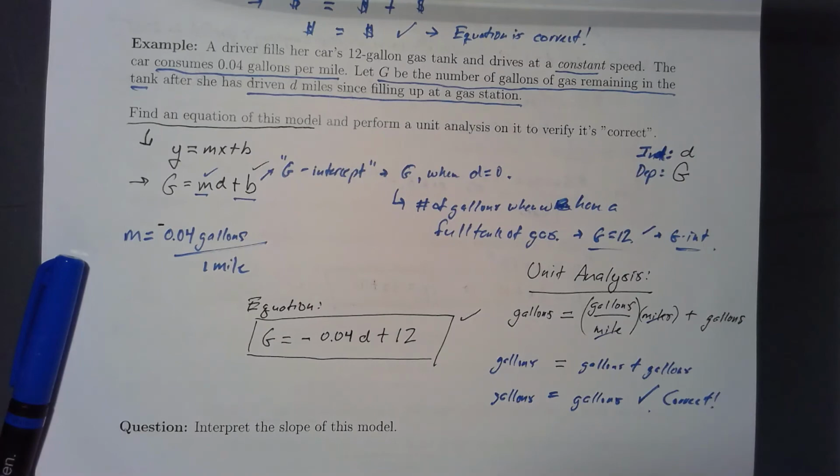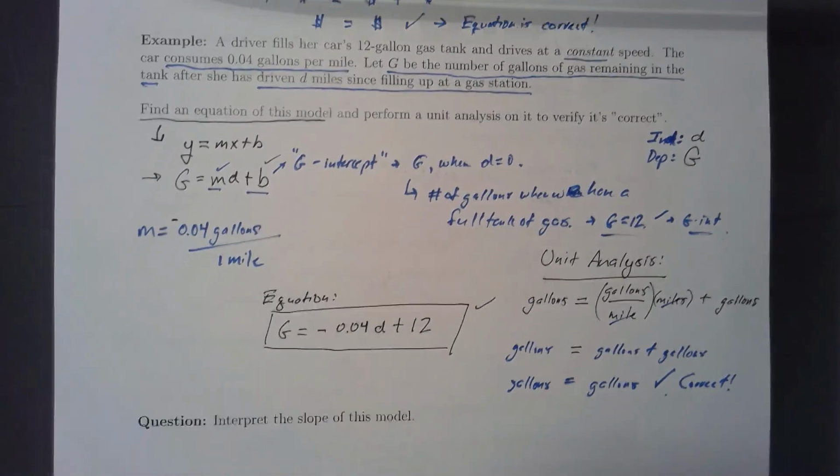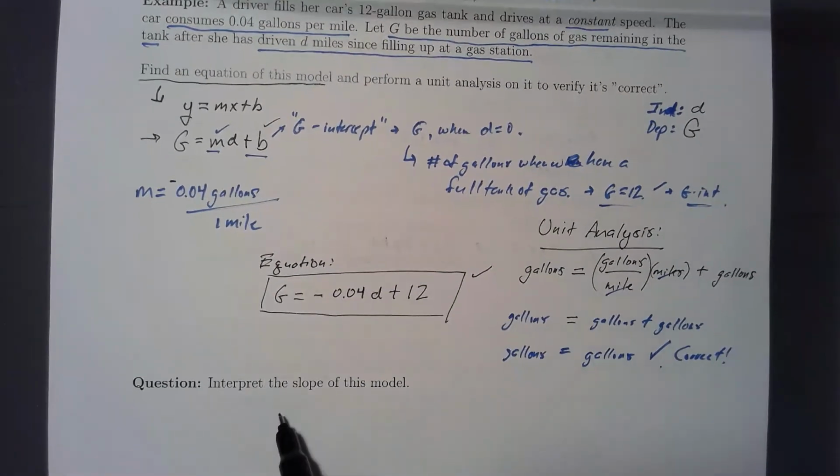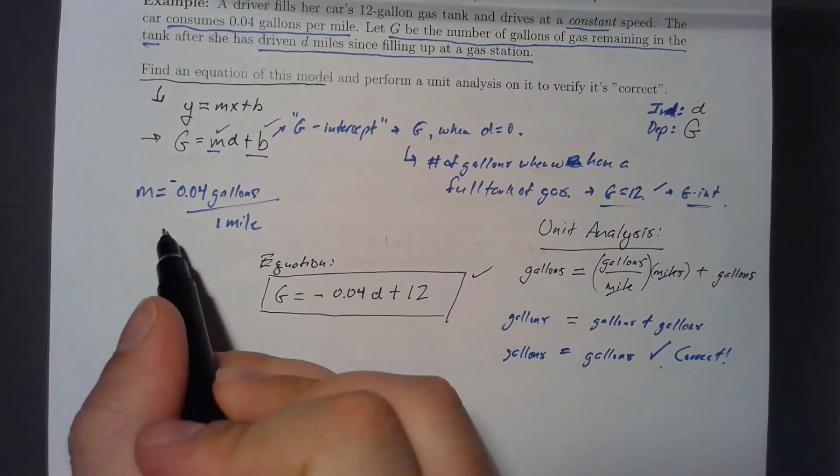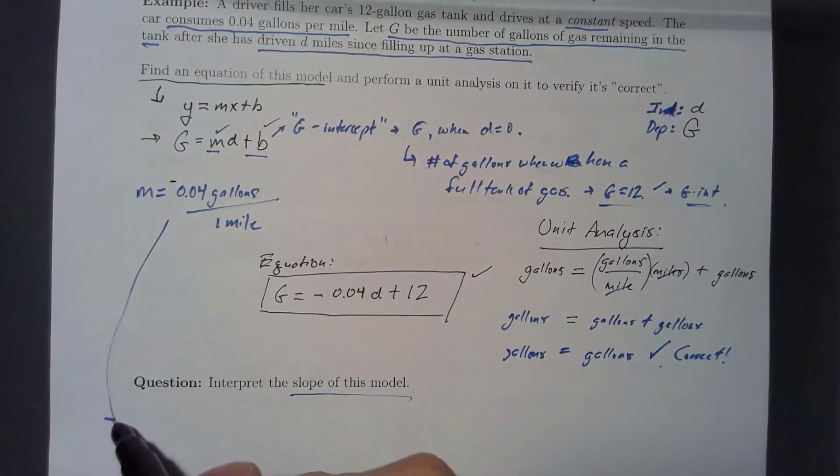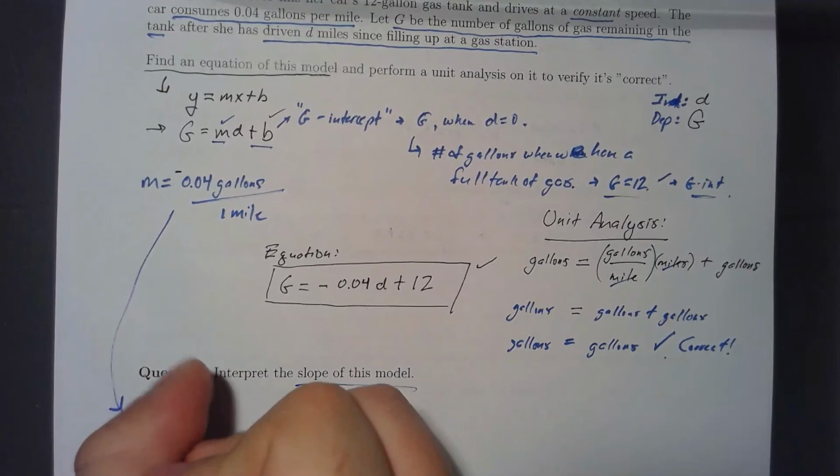Again, just to finish this section off, interpret the slope of this model, which is right here. How do we interpret that?